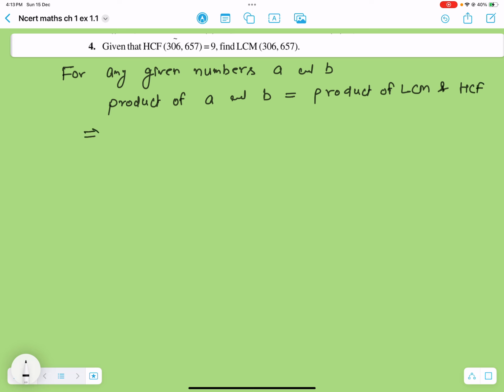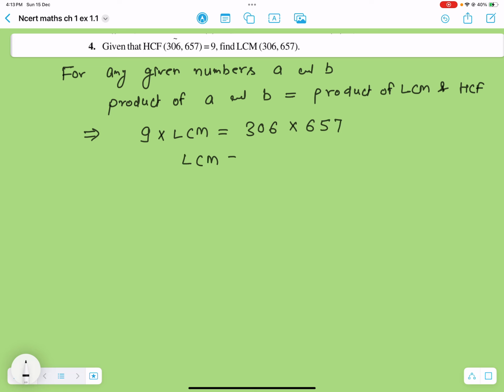So they have given the HCF. HCF is 9, multiplied by LCM, equals the numbers themselves, 306 multiplied by 657.